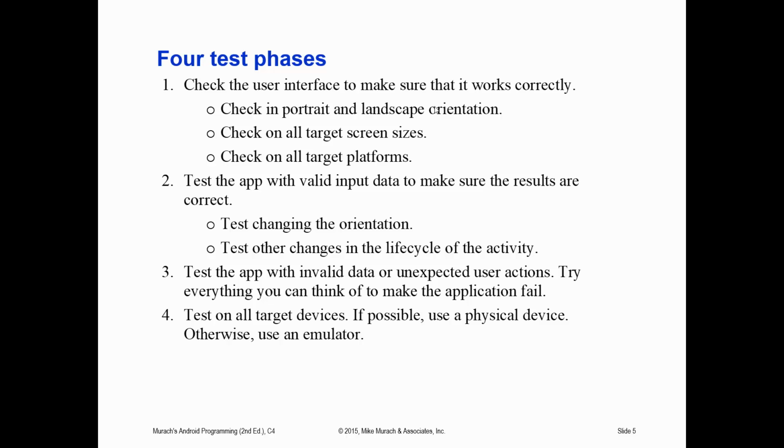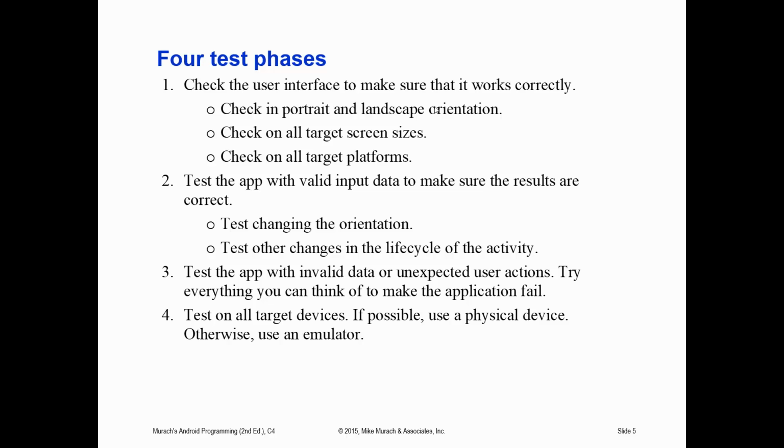So you want to test the app basically to make sure the interface works as expected. And if you've got buttons on there, that the buttons all work like they're supposed to. That if it has a text box or text boxes, that they take information like they're supposed to, etc. So that's step 1, checking the interface.